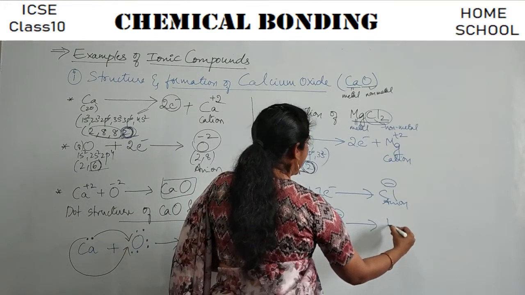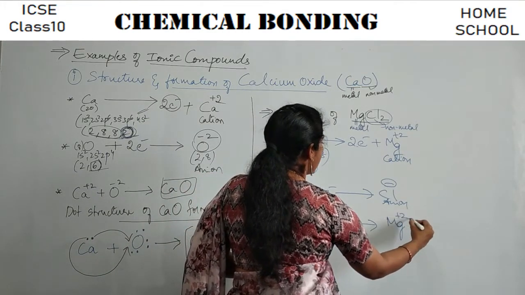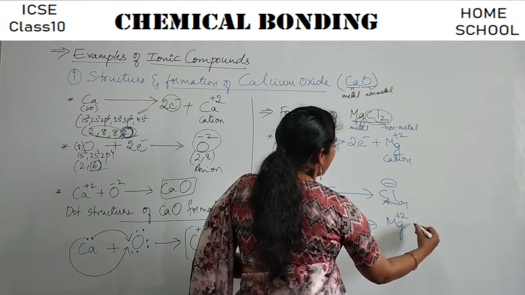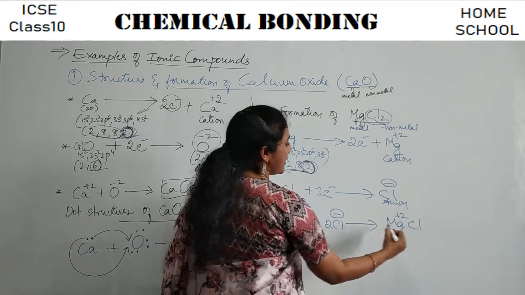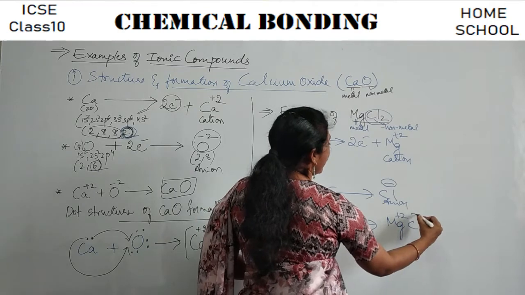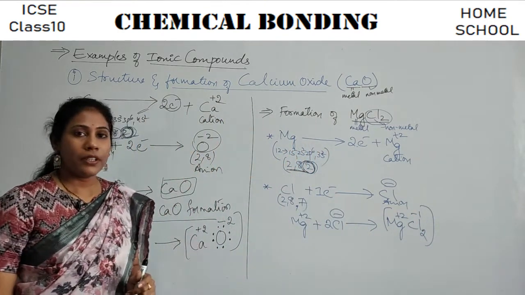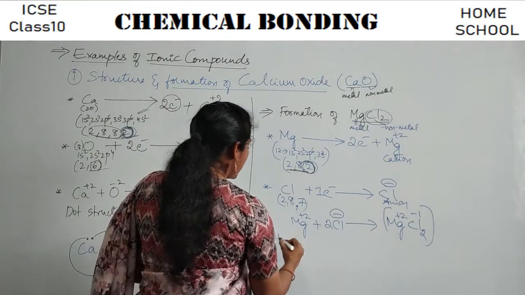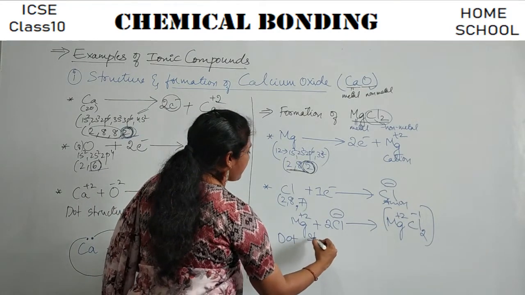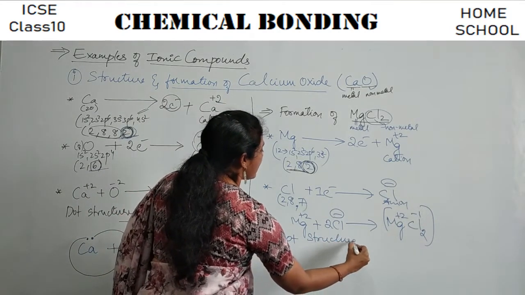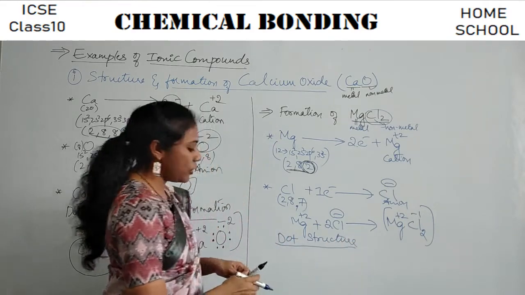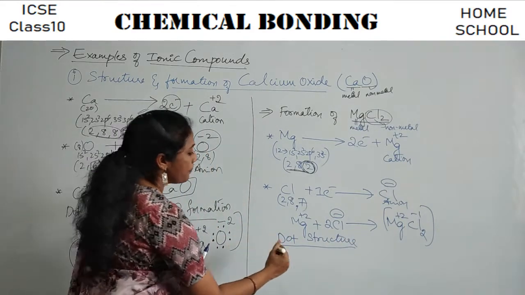So you will get Mg+2, and I will write 2 Cl's here, each with a charge minus 1. Okay, fine. And now the dot structure. How do you show the dot structure of MgCl2?